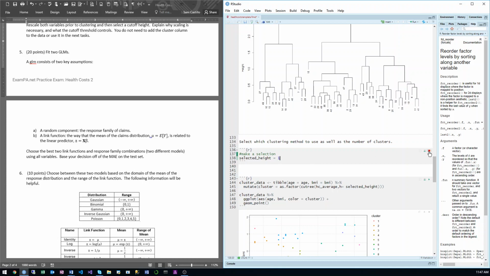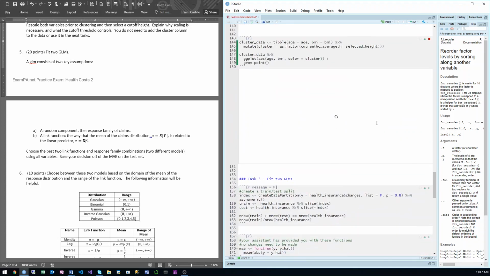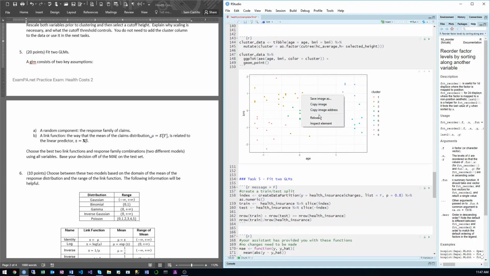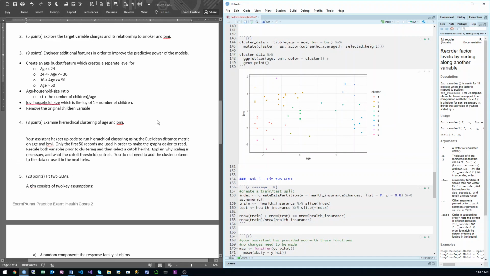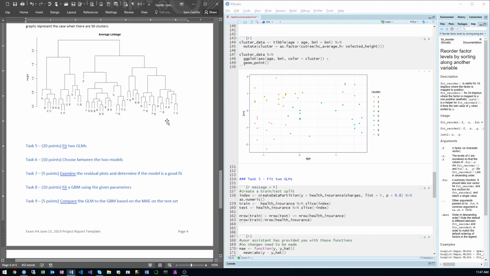I'll set the height at 1, and then this will create like 5 or 10 clusters. Creates 9 clusters. I chose to set the cutoff at 1, which resulted in 9 clusters.